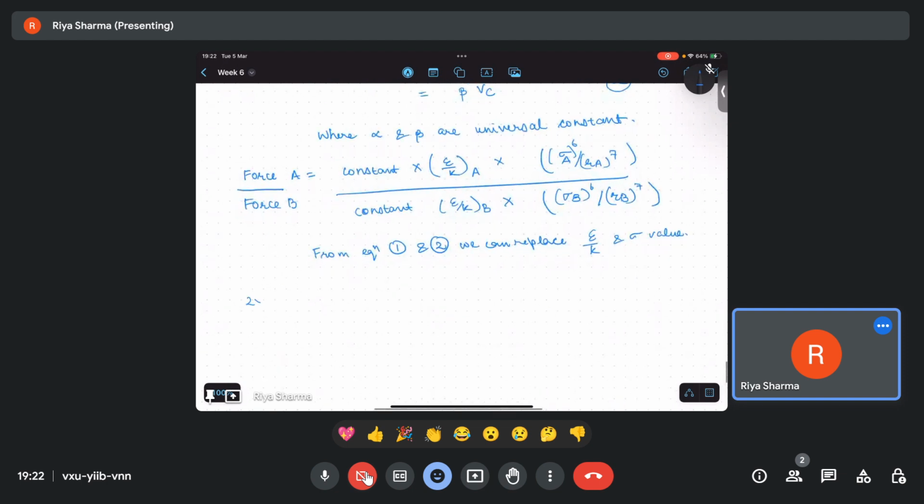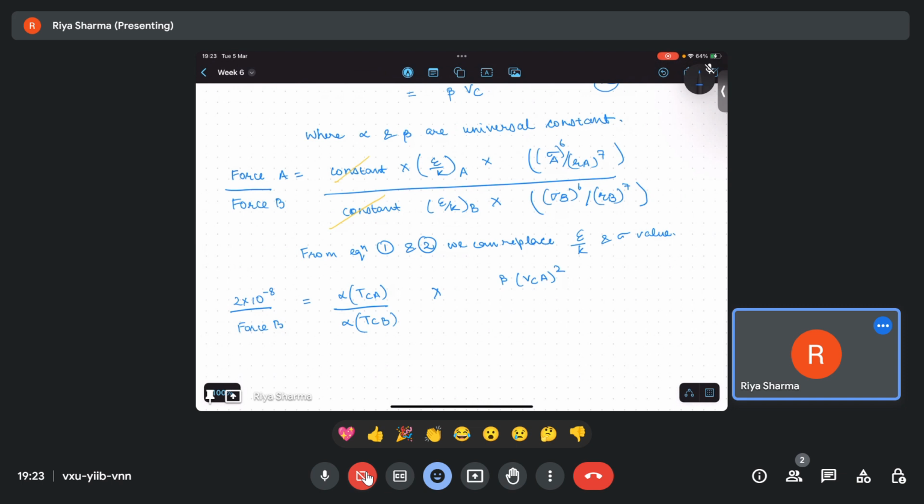We already know the force of A is 2 into 10 raised to power minus 8. The constants cancel, so we get alpha into Tc of A divided by alpha into Tc of B, into beta into Vc of A squared divided by beta into Vc of B squared.